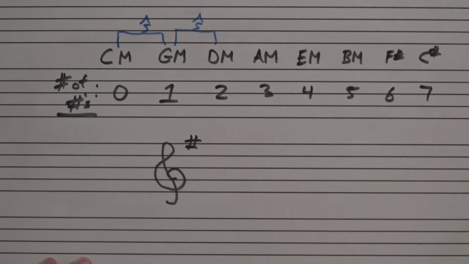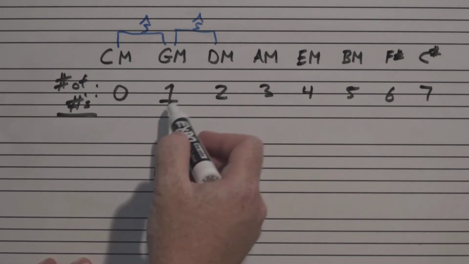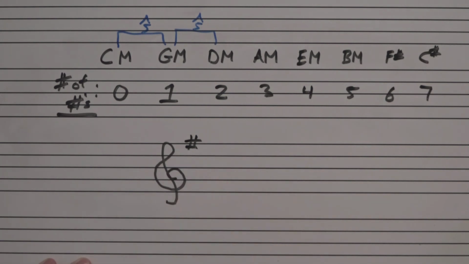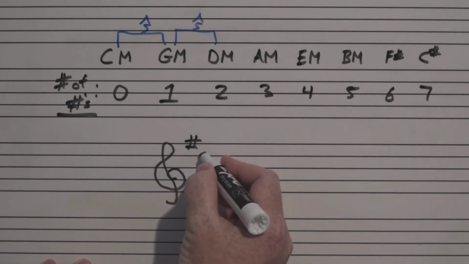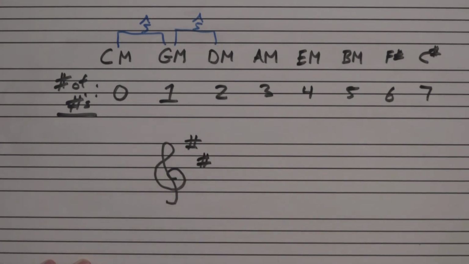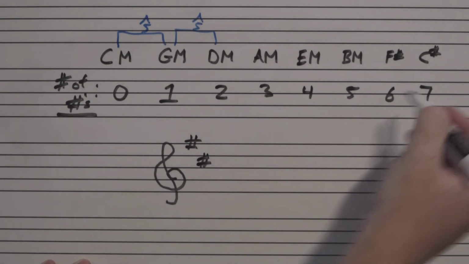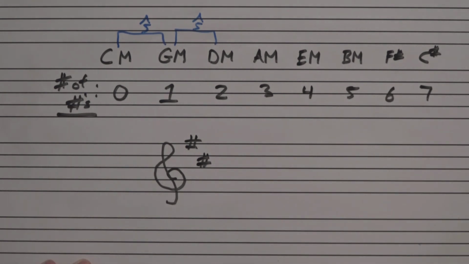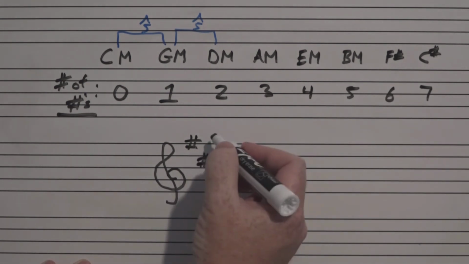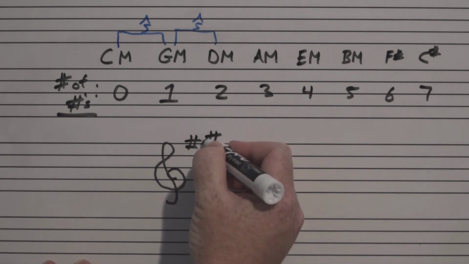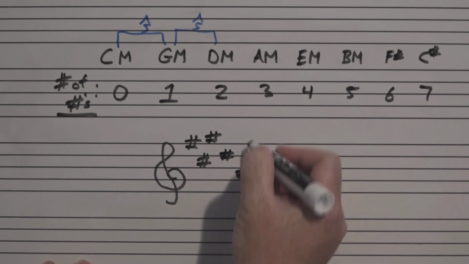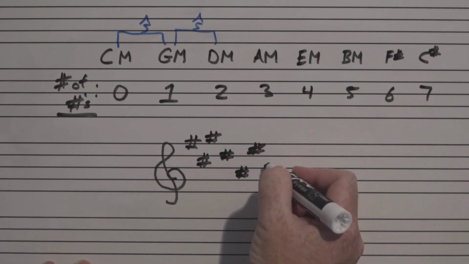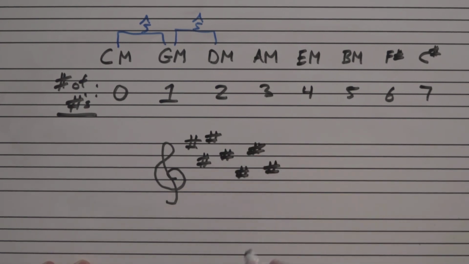F sharp. All of those key signatures after G major will have an F sharp. It's kind of handy that way. D major will have an F sharp and a C sharp. So all of those will have an F sharp and a C sharp. And then G sharp, D sharp, A sharp, E sharp, and B sharp.